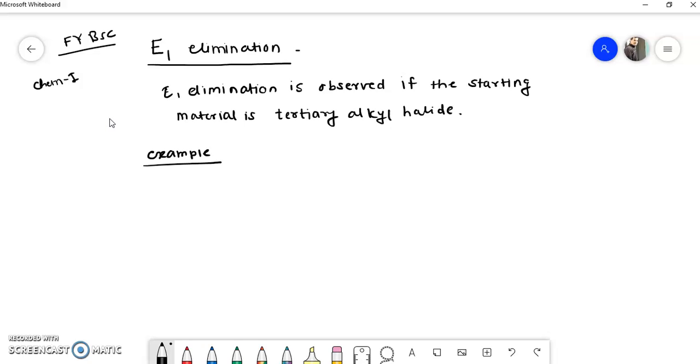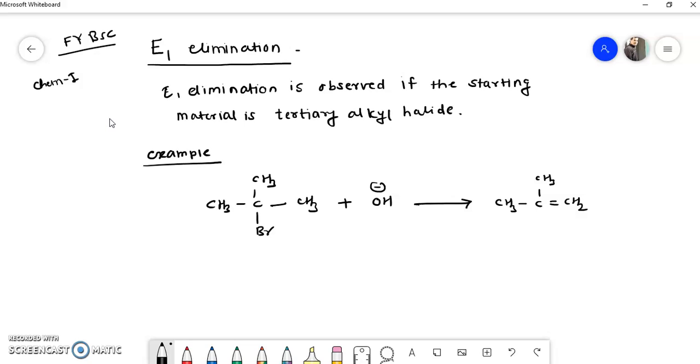See, if I take tertiary butyl bromide, (CH3)3CBr, and if we treat this tertiary butyl bromide with base, then we get the elimination product like this: (CH3)2C=CH2 plus water and Br minus.